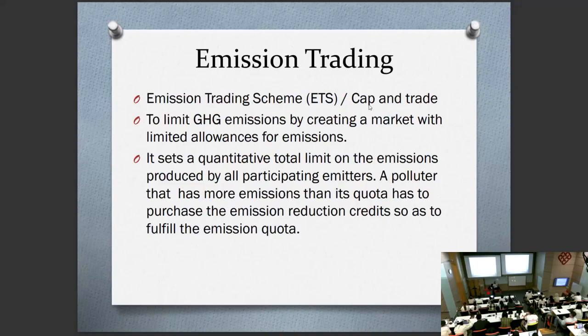So let's say in this classroom, all of us are greenhouse gas emitters. Okay, I emit carbon dioxide. You will also contribute to the emissions of carbon dioxide because we consume electricity, right? So the allowance for consuming electricity is similar to the allowance for emissions. When you consume electricity, then you will also emit greenhouse gases.